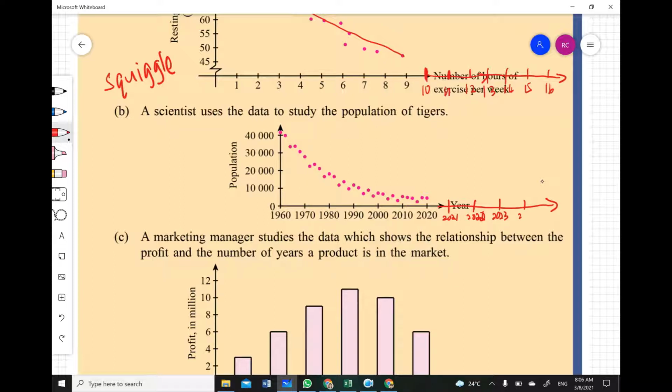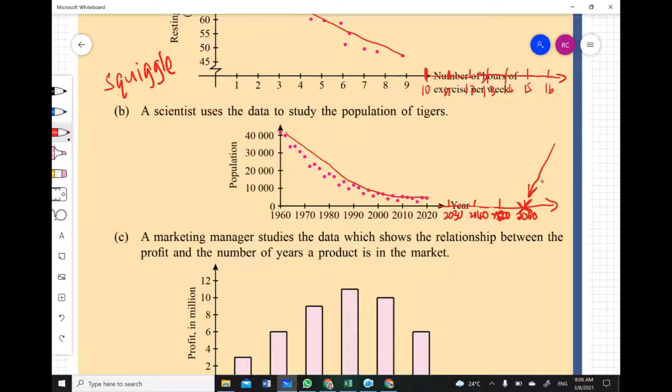Oh, I have to follow the scale. The scale is 10, 2020, 2030, 2040, 2050, 2060. So you imagine, could there be any more tiger in 2060? If there's no action taken, it could reach 0, right? So it might be a linear graph, but so far right now is an exponential graph.